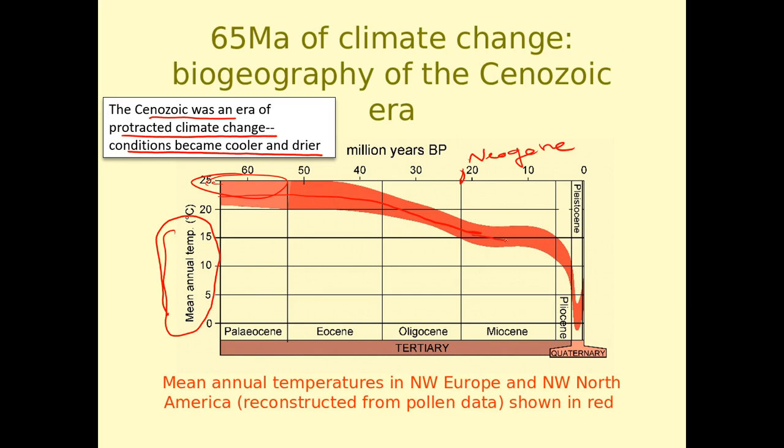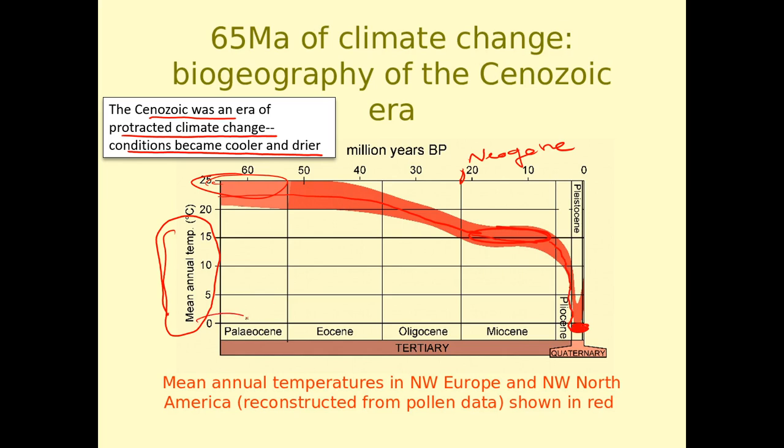Okay, into the Neogene, temperatures continue to cool. During the Neogene and Miocene, it was pretty close to what conditions and temperatures are now. Then in the Pliocene, you can see things continue to cool until we get to this minimum during the Pleistocene. Things were very, very cold, right?